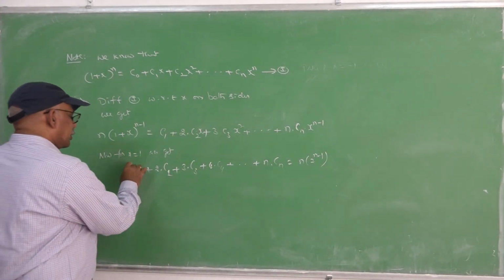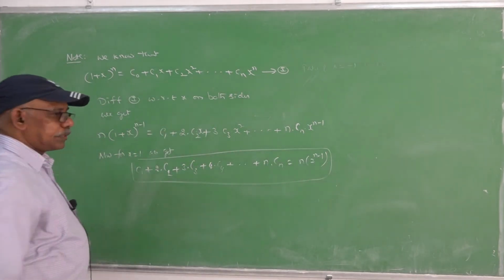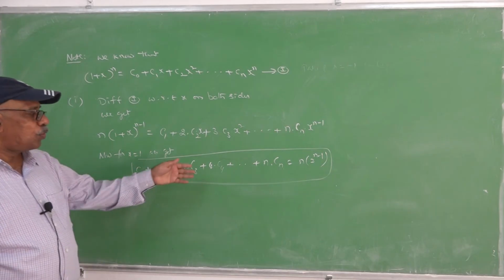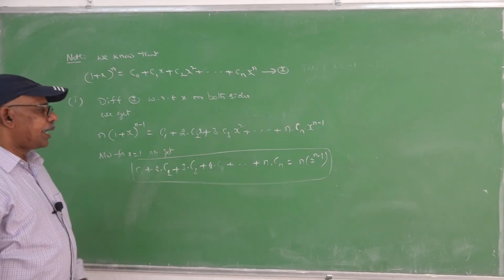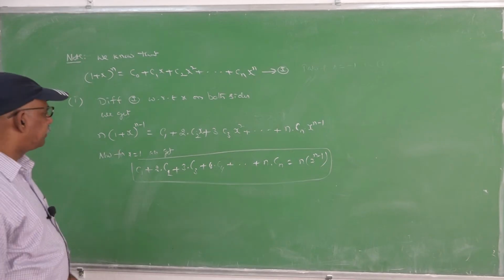This is one more result. c1 plus 2c2 plus 3c3 plus 4c4, like that, n cn is n into 2 power n minus 1.